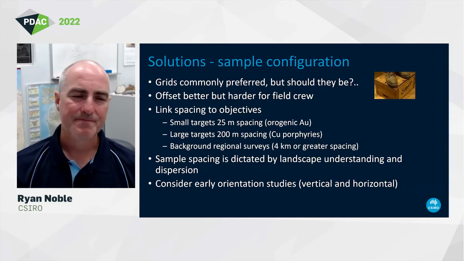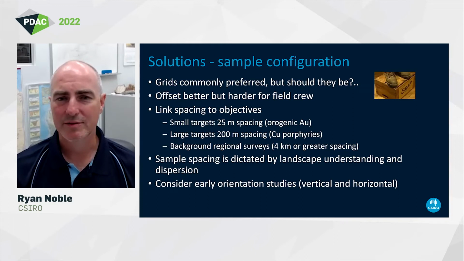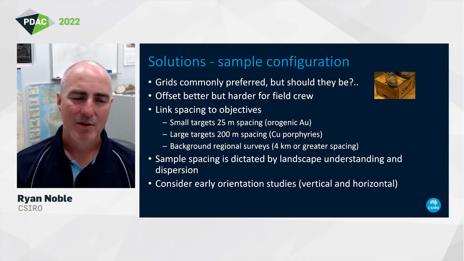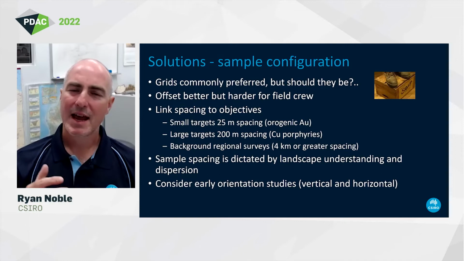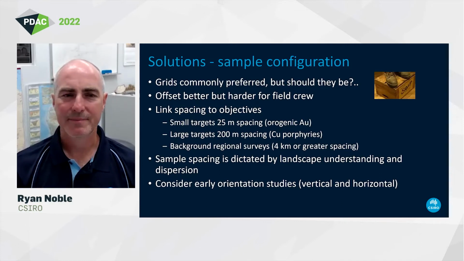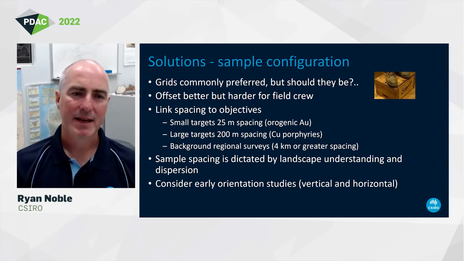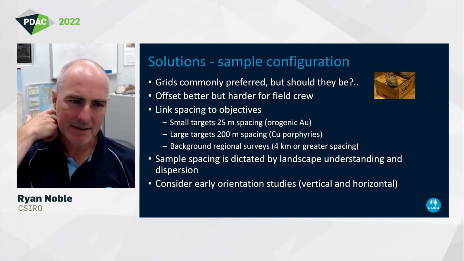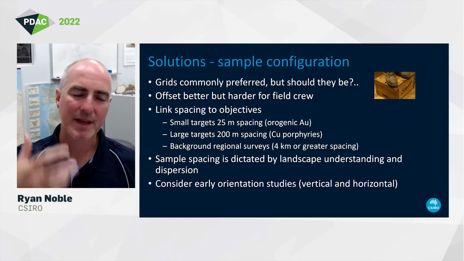So a lot of Western Australia has been done on 4-kilometre sort of spacings quite commonly. And again, it's about understanding your objective for doing your regional soil survey and what you're hoping to get out of it. And that will tailor, one, the number of samples you would collect and the spacing and a number of other things. And it can be dictated by landscape understanding.